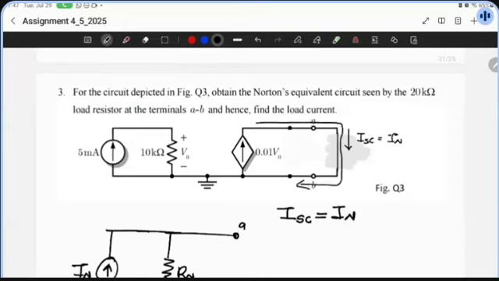And they'll have the same direction. So our I short circuit in this case will actually be equal to 0.01 V0. Here it should be going downwards that way. So they have the same direction, so positive like that.